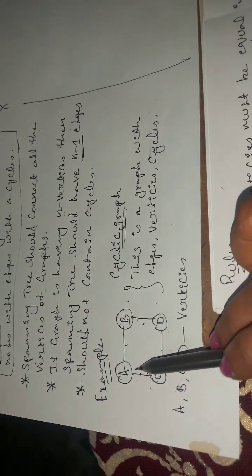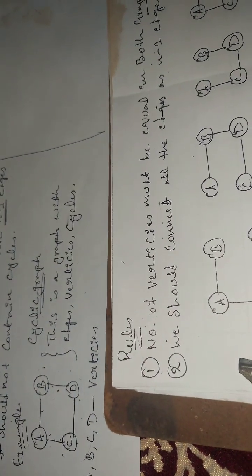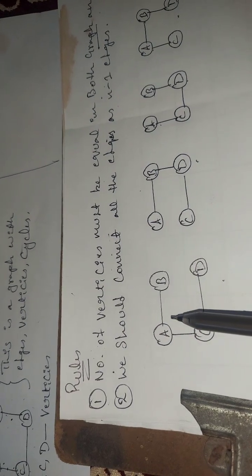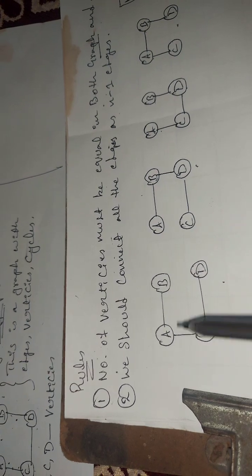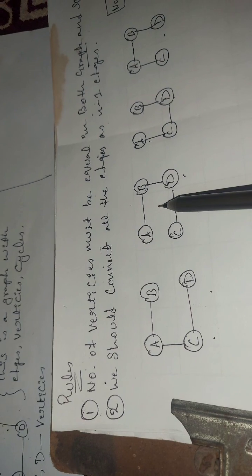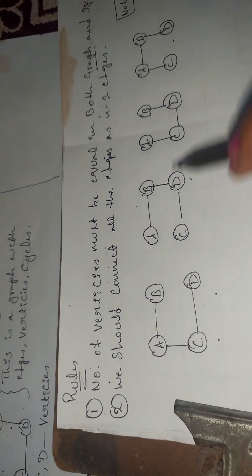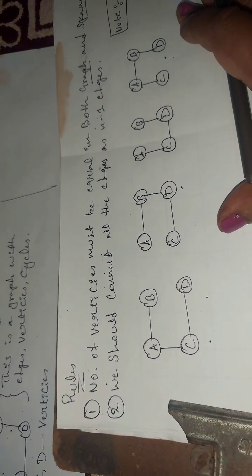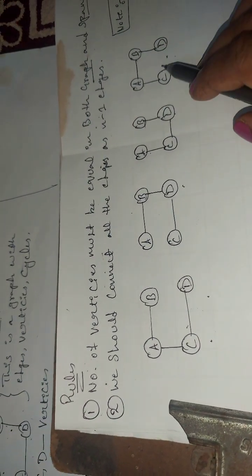In this graph there are 4 edges and 4 vertices, but in the spanning tree there are 4 vertices and 4 minus 1, that is 3 edges: 1, 2, 3. That means these are the 4 possible ways to create a spanning tree.